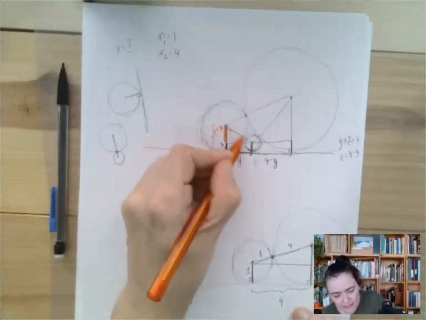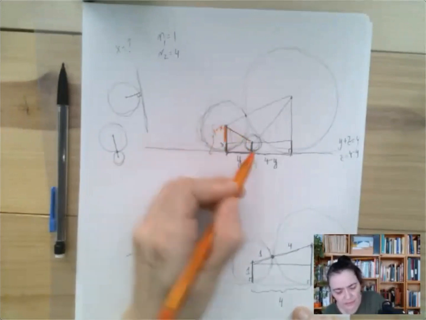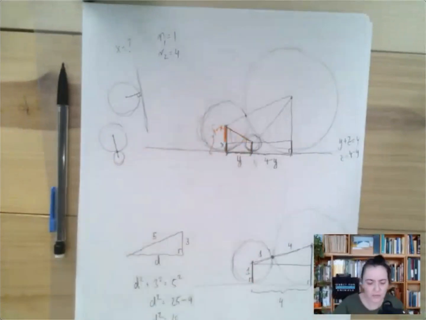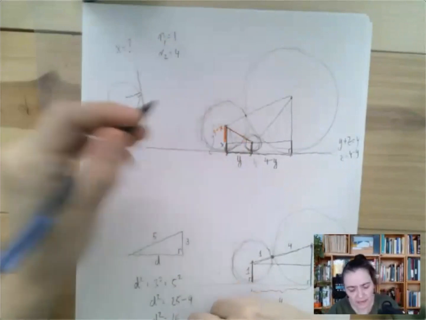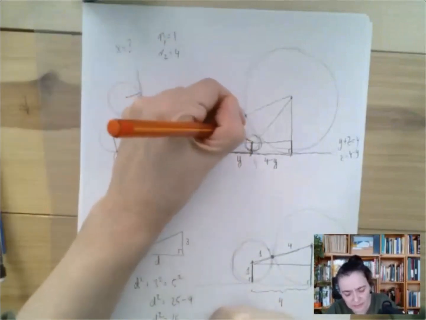Now, this side here is, again, one radius, 2 radii. So it's X, so the hypotenuse is 1 plus X, right?